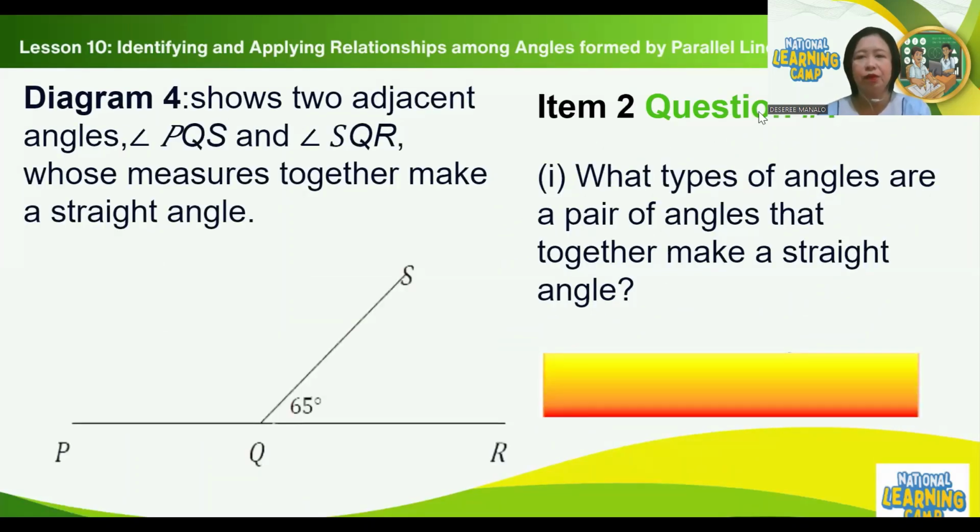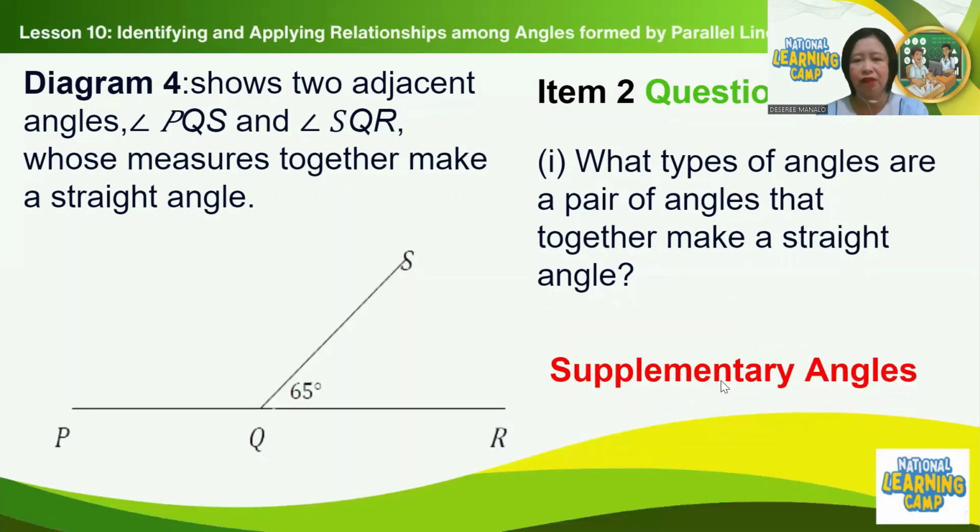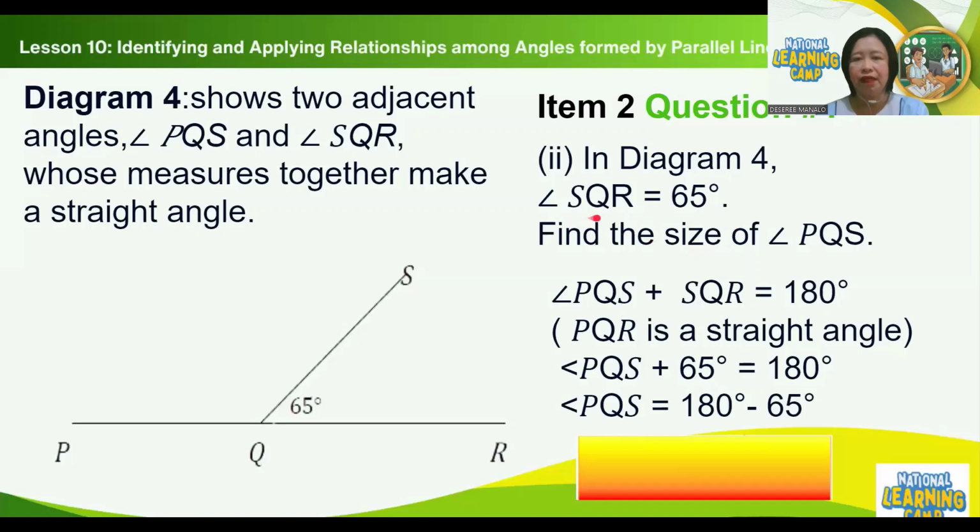For the item 2, you can pause the video and answer the problems. What types of angles are a pair of angles that together make a straight angle? What do you call this? As we can see on the left side, we can call it a supplementary angle. Angle SQR is equivalent to 65 degrees.